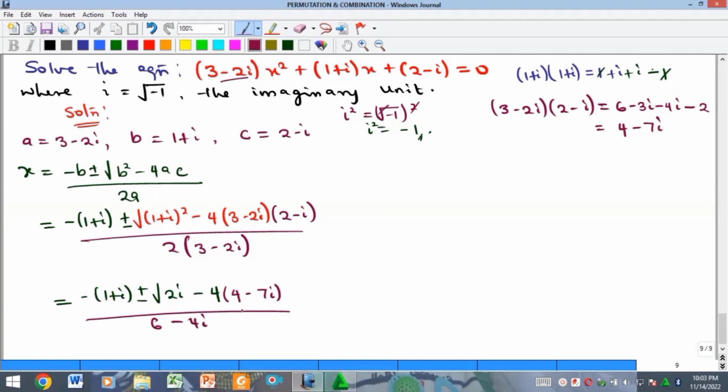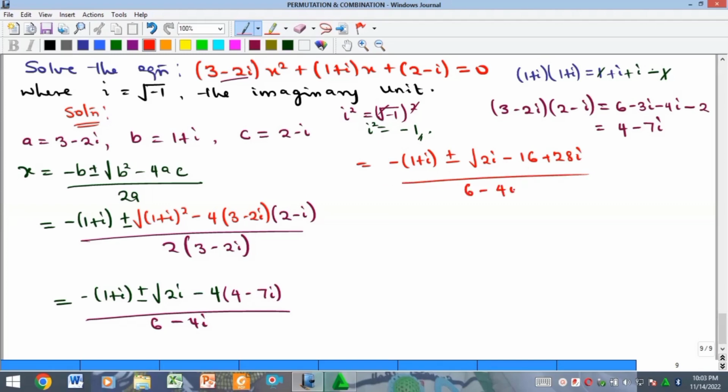So what do we do next? We open this other bracket here, and we have minus 1 plus i, plus or minus the square root of 2i, minus 4 times 4, which is minus 16, and then minus 4 times minus 7i is plus 28i, and that is all over 6 minus 4i.